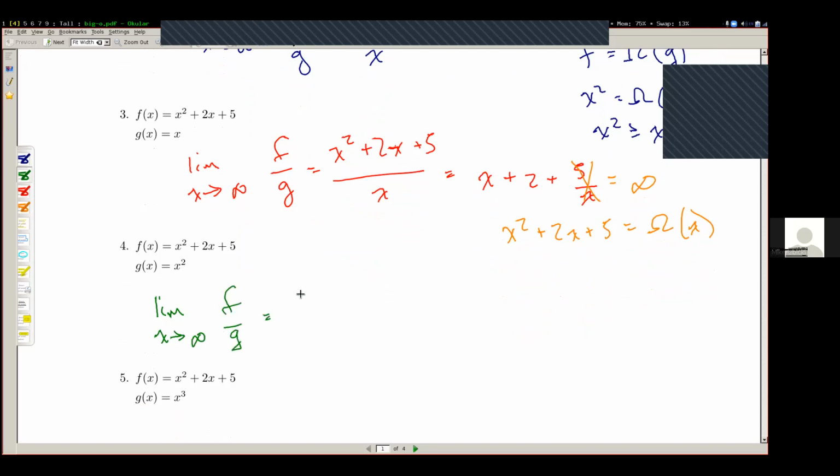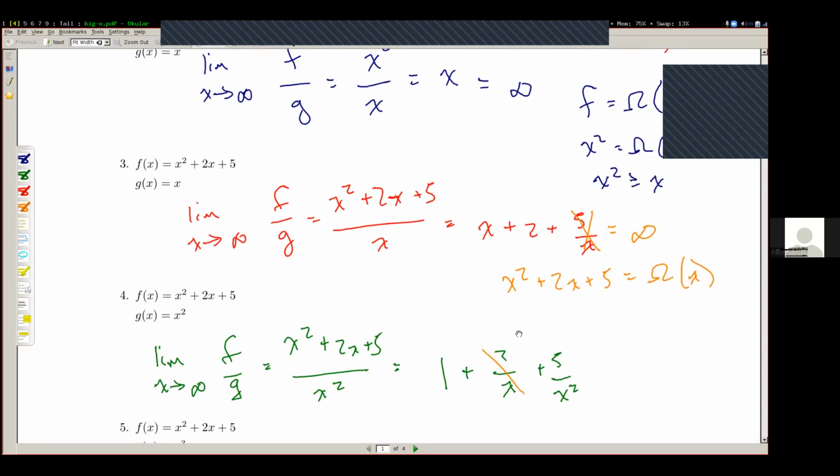So over here on number 4, again, always limit as x goes to infinity of f divided by g equals x squared plus 2x plus 5 divided by x squared equals, and now simplifying, we get 1 plus 2 over x plus 5 over x squared. That's an x squared down here. And so again, because the x's are in the denominators down here, those will go away.